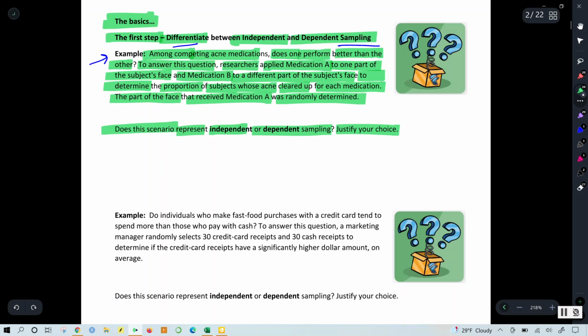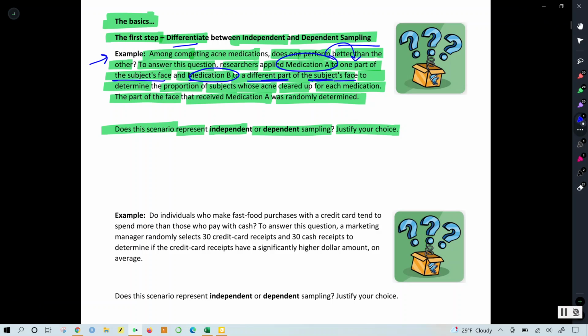Justify your choice. If I were to answer this question, here is something I will note. The application of medication B to a different part of the same subject's face was based on the fact that medication A had been applied to one part of the subject's face. So I did not just choose any other random subject's face to apply medication B to.